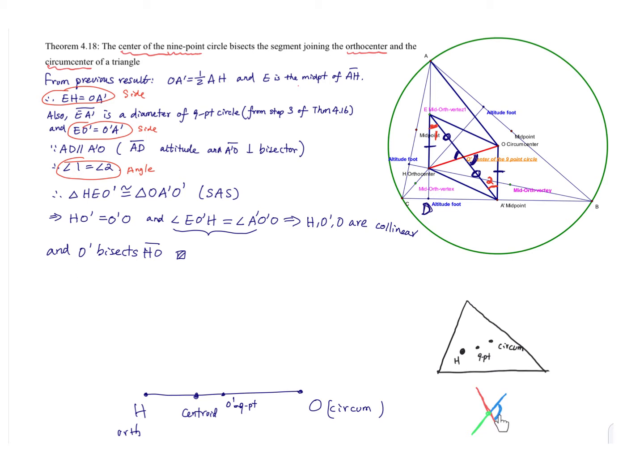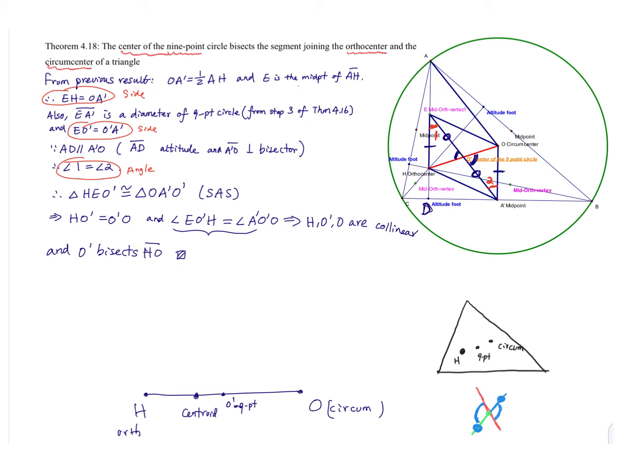If you can show that these two angles are equal, when one of them is a straight line, then you can prove that these two segments actually lie on the same line. So if you have a point from this segment and a point from that segment, and you can show that these two angles are equal, then you're pretty sure that these 3 points are collinear. That's the fact we are going to use.